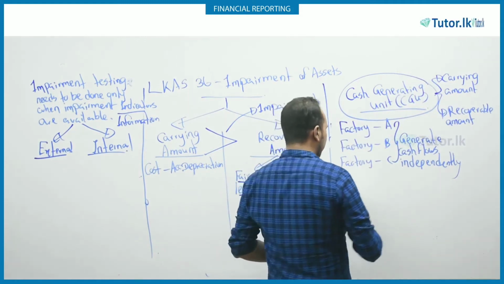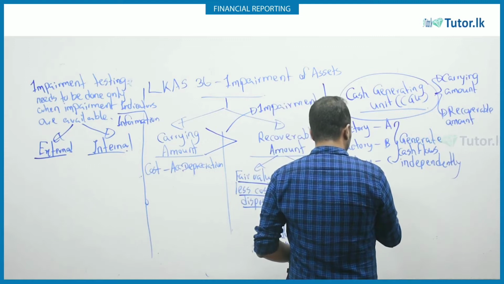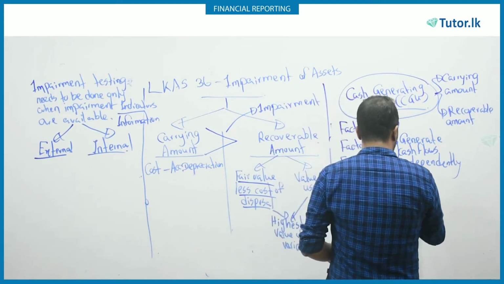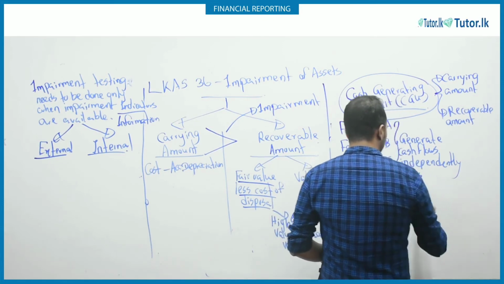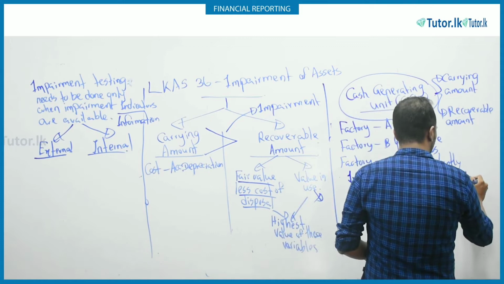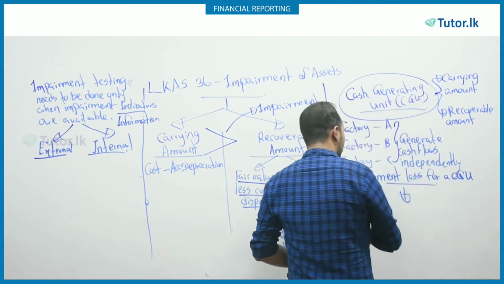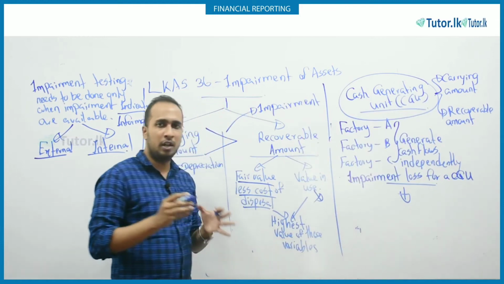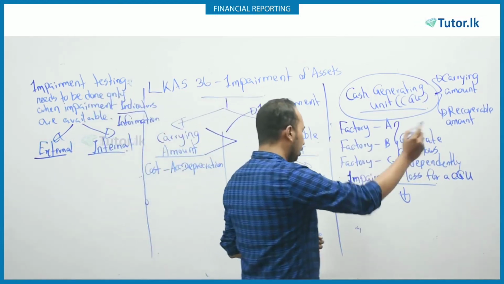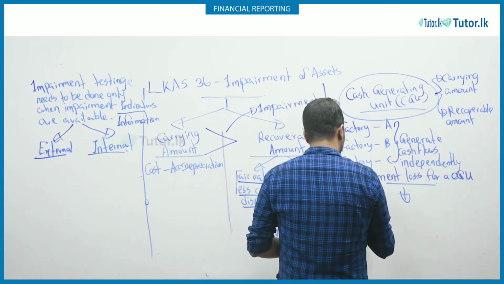But if there is an impairment loss for a CGU, cash generating unit, you have to distribute the impairment loss among assets based on their relative carrying amount. You just keep this in mind.